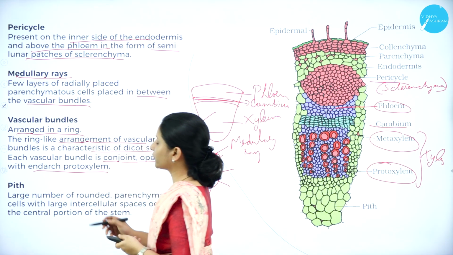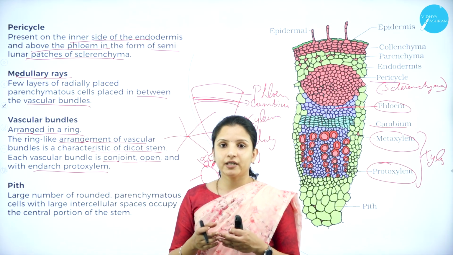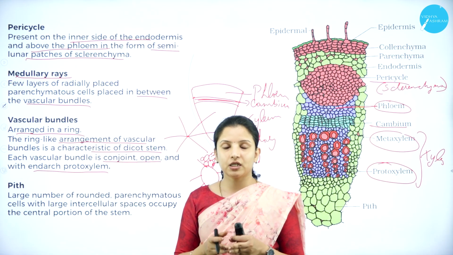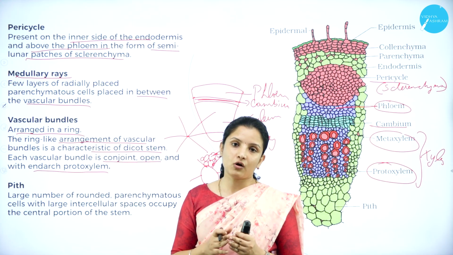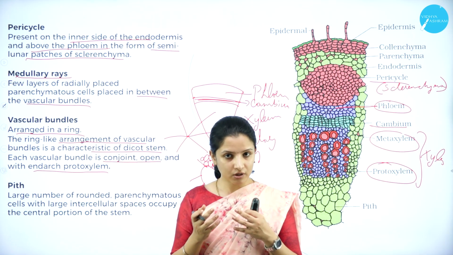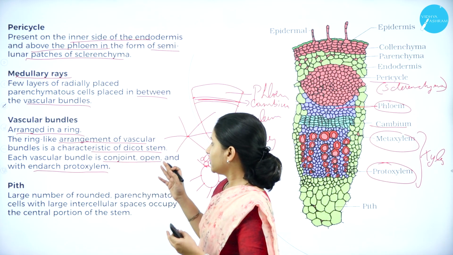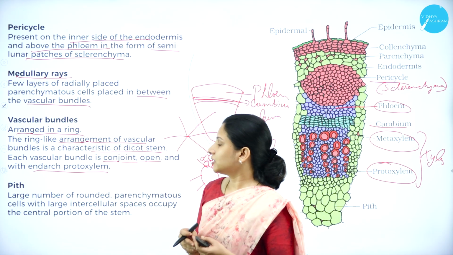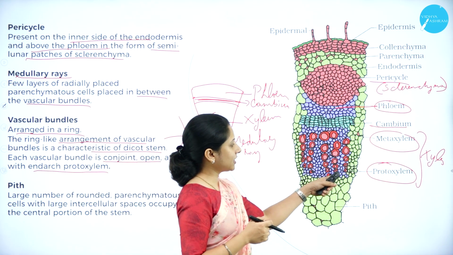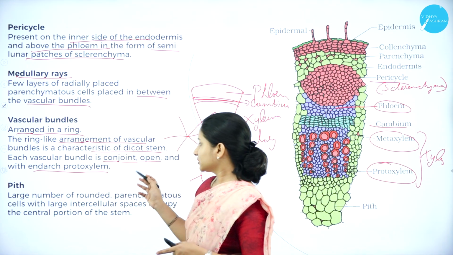When we look at the protoxylem, the position of the xylem is one of the important characteristics to distinguish between a dicot and a monocot stem, as well as a dicot and a monocot root. Here, when we talk about the position of the protoxylem, it is endarch in this particular case.